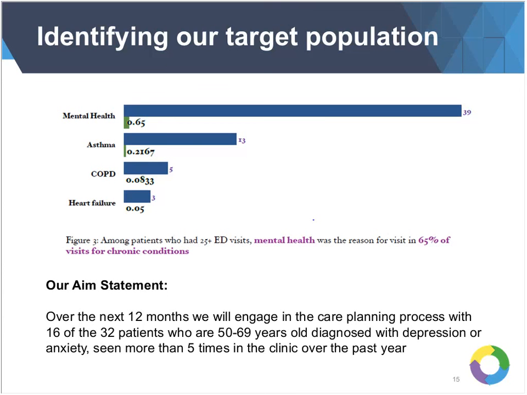So we identified COPD as part of it, diabetes and all those, but they must have mental health as part of their problems. And we were able to categorize those people into middle-aged people and young people.